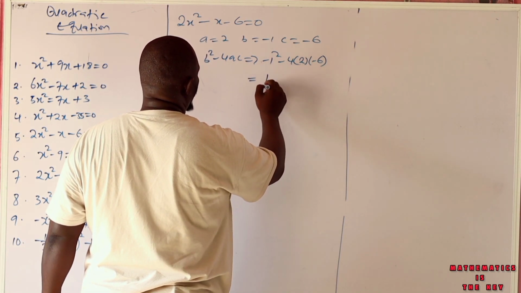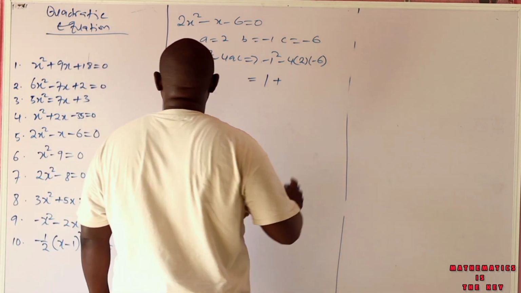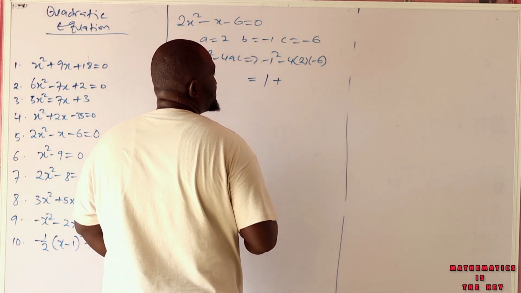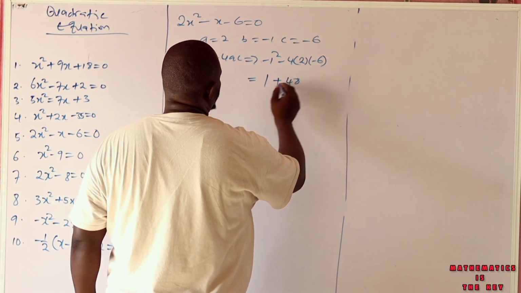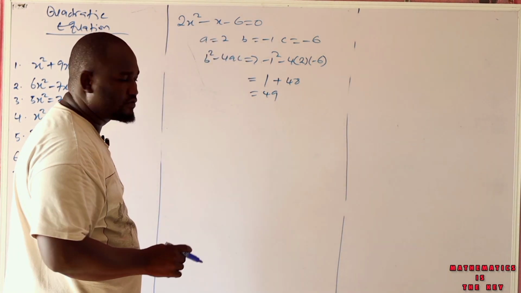So we have 1 plus 4 times 2 is 8, and 6 times 8 is 48. So this will give us 49, and 49 is a perfect square of 7.